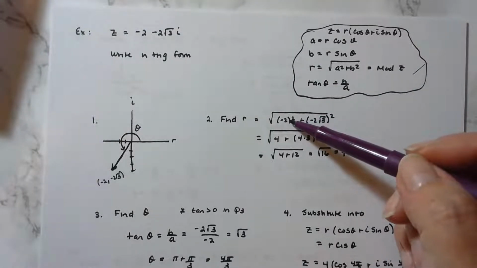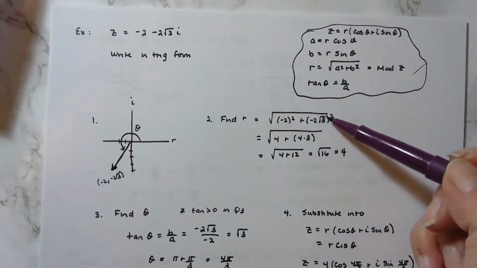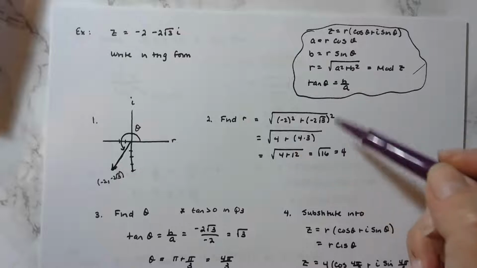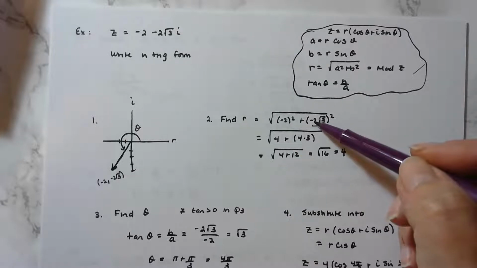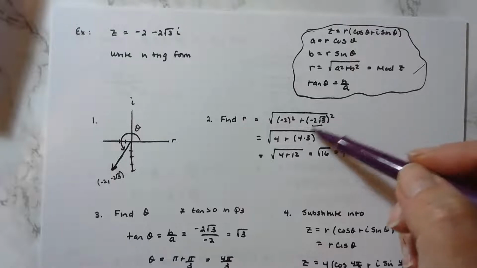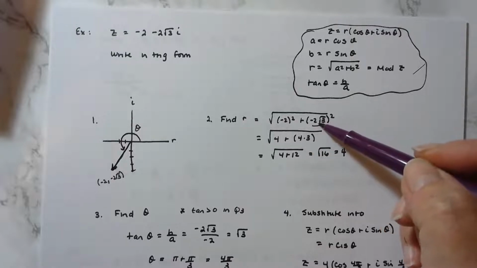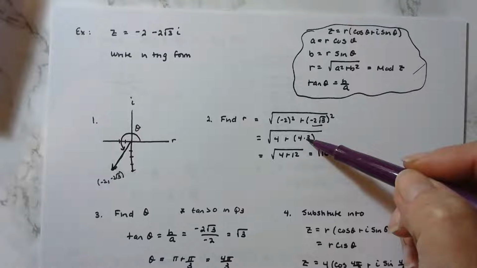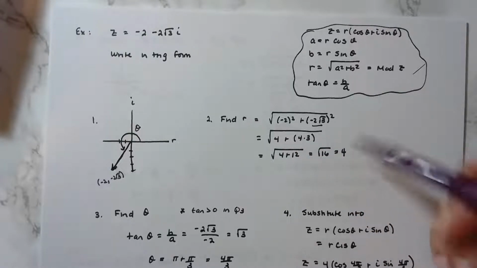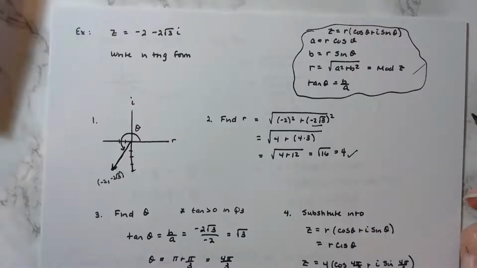If I plug in my a and square it and my b and square it, -2 squared gives me +4. Any negative number squared gives you a positive result. Plus, here's where you have to be careful: you have to square the outer number and, of course, the square root. So -2 times -2 is 4, root 3 times root 3 is 3. That's 12 plus 4 or 16, and we know the square root of 16 is 4. So we've got our r.